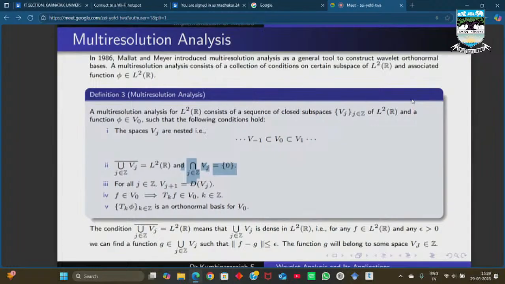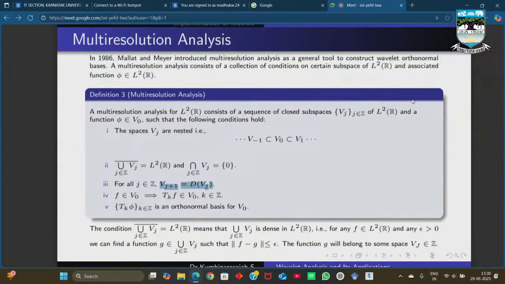The third condition says Vj plus 1 must be the same as the dilation of the Vj space. That means if I know the Vj space, I can immediately calculate the space Vj plus 1 by just taking one dilation, and Vj plus 2 by taking two dilations of Vj.